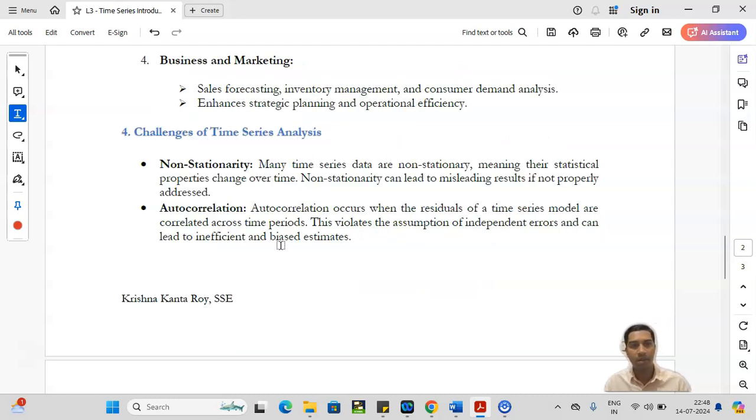Another problem with respect to time series analysis is the autocorrelation problem. Autocorrelation is also called serial correlation, where the error terms are related over a period of time and show a pattern. We have already learned what autocorrelation is, but its existence in time series analysis is very common. In the majority of cases, we find this problem in time series data.